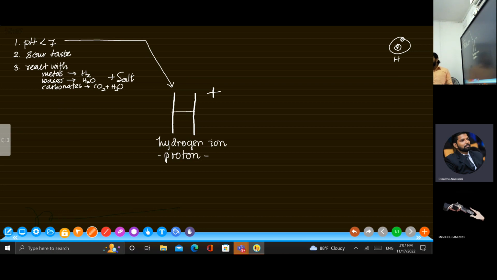What about the colors, the indicator colors? The acids give you what kind of colors with indicators? Let's say universal indicator. Acids give you from yellow to red, greenish yellow to red, right?